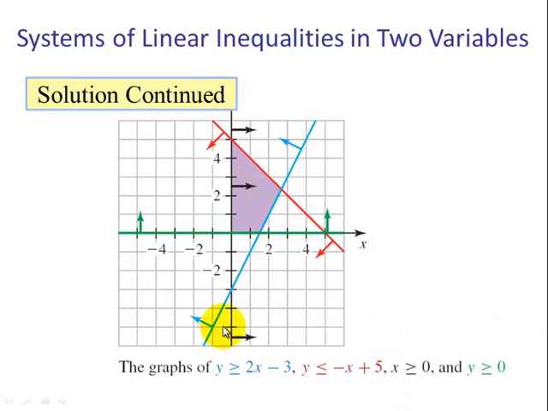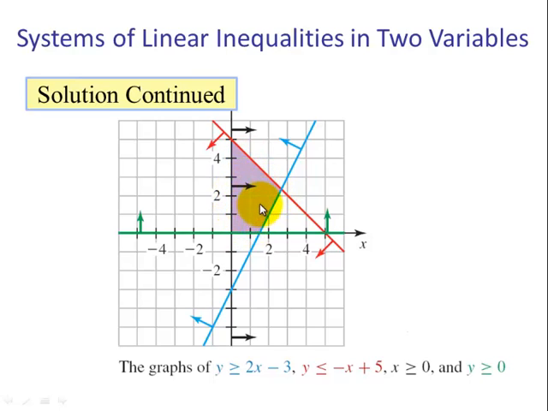This graph is the vertical line, and since it's greater than 0, it's all values in this direction. And last, the green line, y is greater than or equal to 0. That is a horizontal line. Greater than means points above the line, and we see this region here is the solution set to that system.